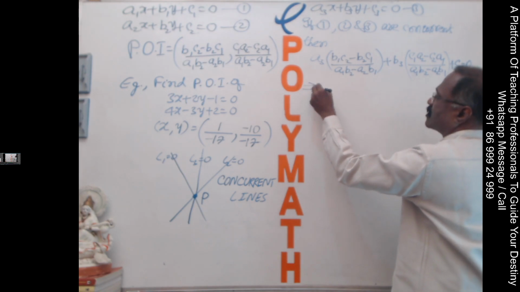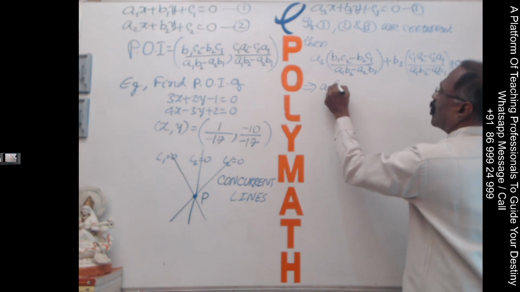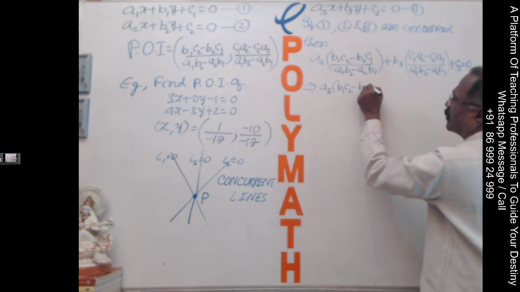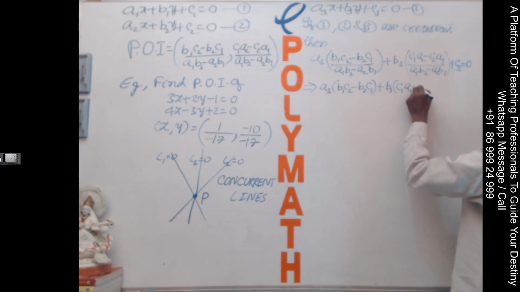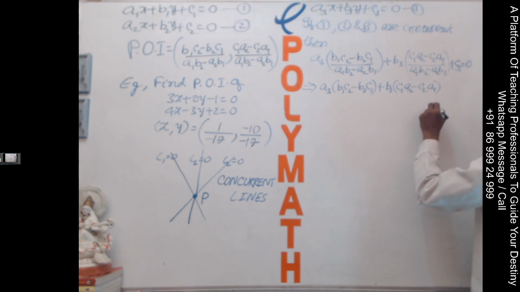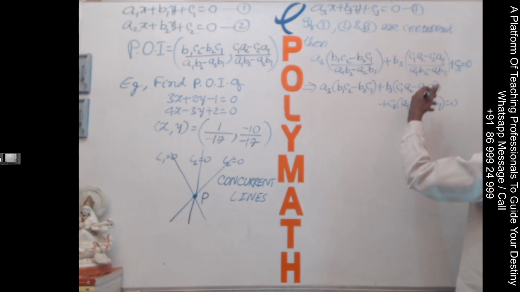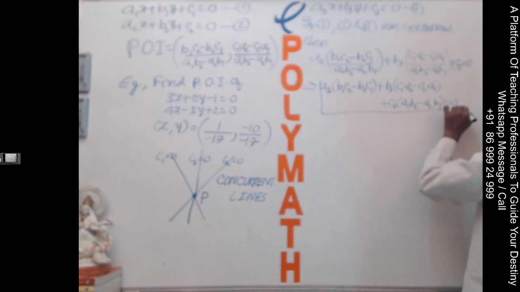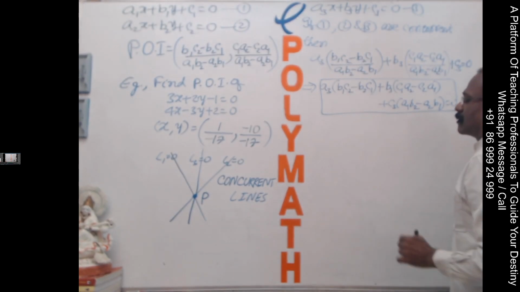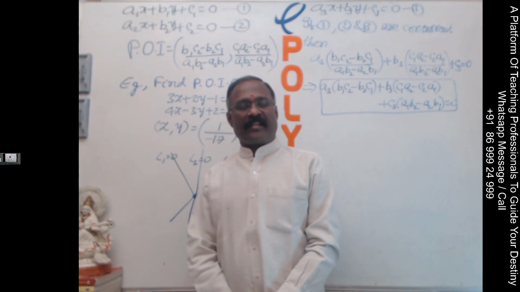And thereby, what do you get? Just by my doing all this, you will now understand how it will be converted to the determinant. Plus C3 into (A1B2 minus A2B1) is equal to 0. Just see that I have taken the LCM and written the condition. We can say that this is the condition for concurrent lines, please.